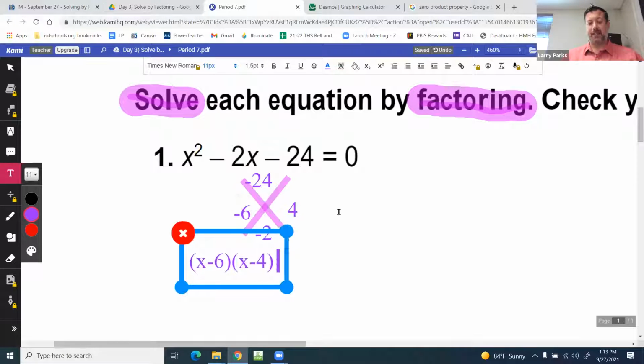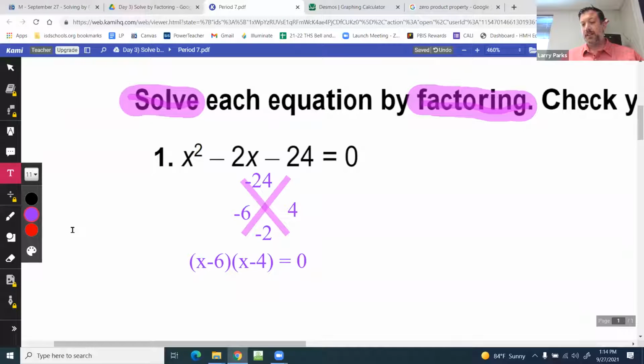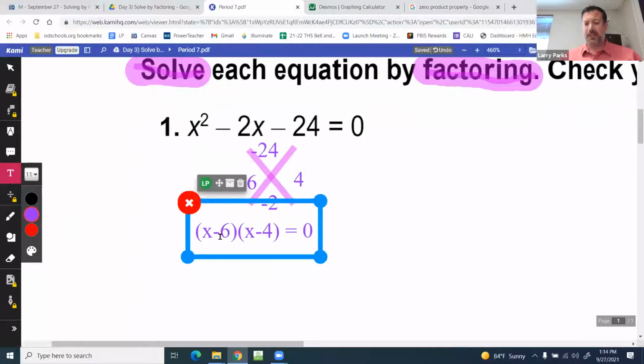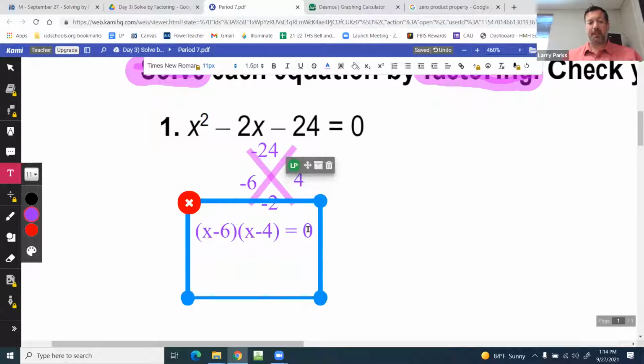Now the difference is I have equals 0. Okay. Now what that means is I'm trying to find the solutions. I'm trying to do what's called solve. So what do I do? Well, in order to multiply and get 0, because you got x minus 6, and you have that times x minus 4, then here's what that means. That means by the zero product property that either x minus 6 equals 0 or x minus 4 equals 0.